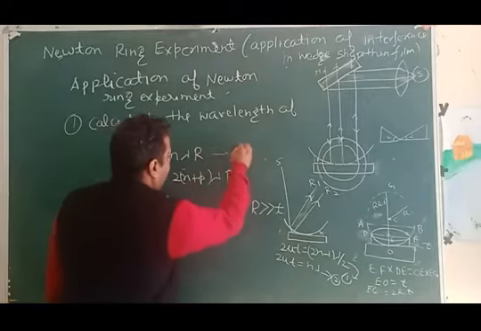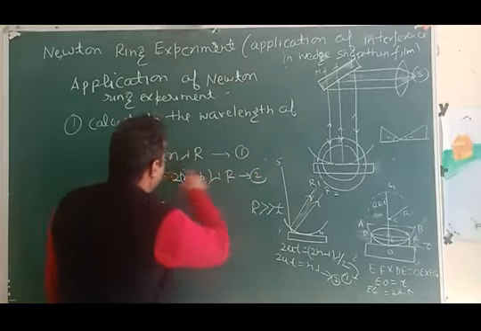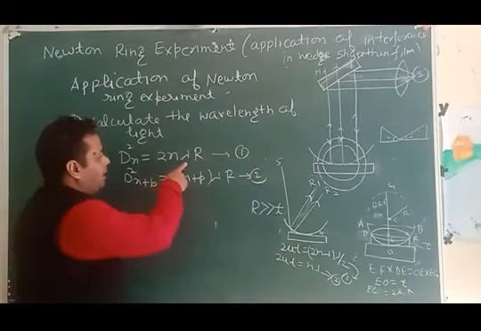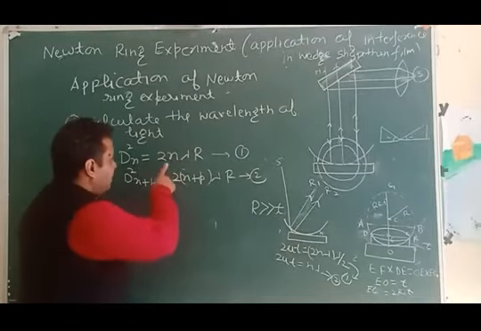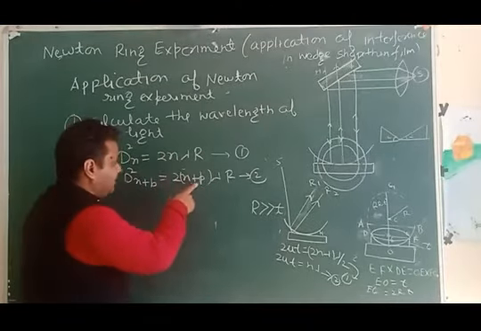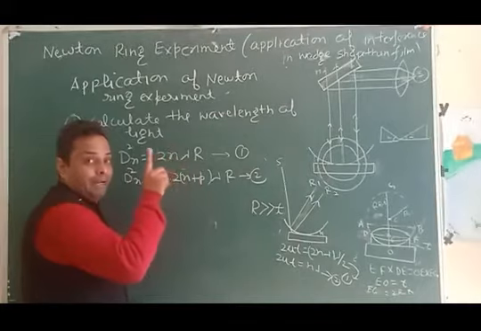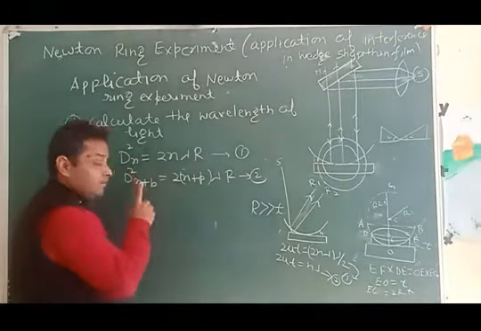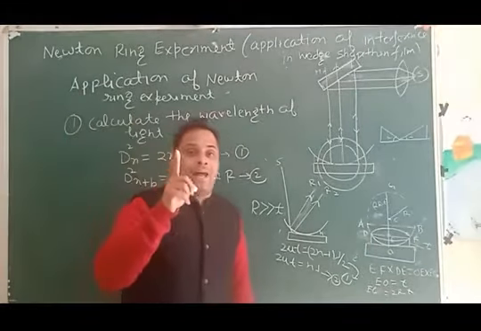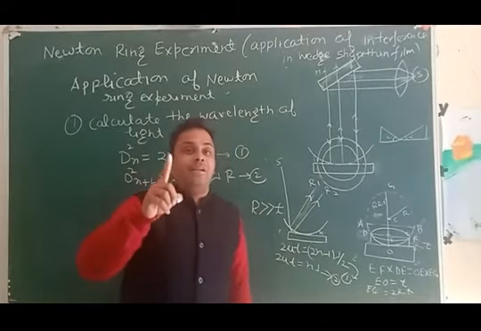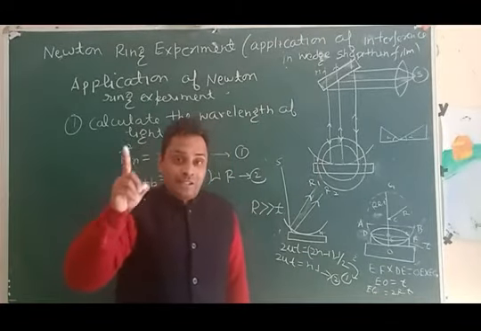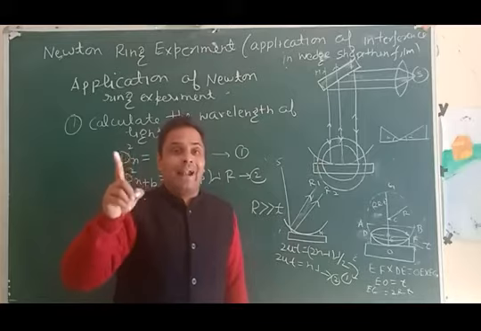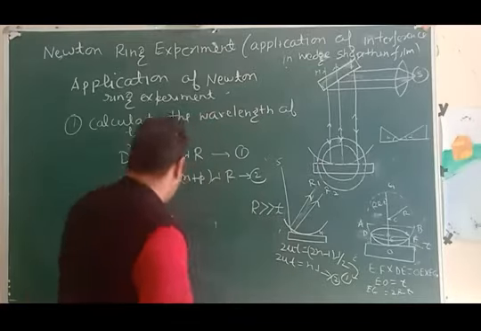That is equation 1 and that is equation 2. That is the diameter of the nth ring and the n plus p ring, where p is the difference between the two rings. Suppose we are taking the rings 4, 6, and 8, then p is 2. Understand?